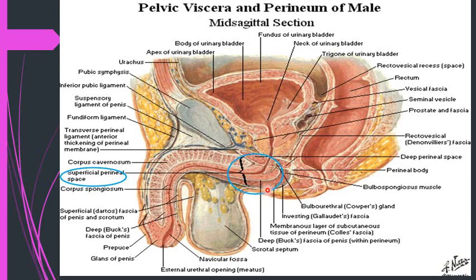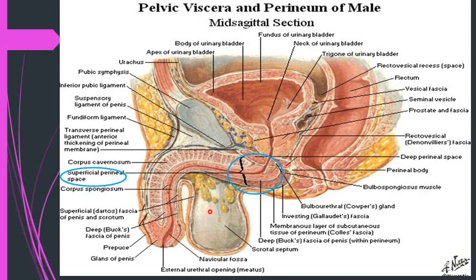If you follow the Colles fascia along here, which is lying in the inferior wall of the superficial perineal pouch, it extends into the scrotum, and here it is going to be replaced with the dartos muscle actually, but from here this pouch, you can clearly see, is going to communicate with the space of the scrotum.